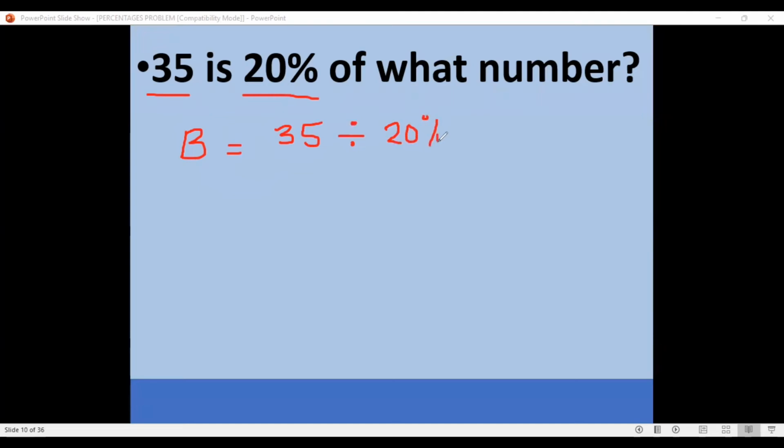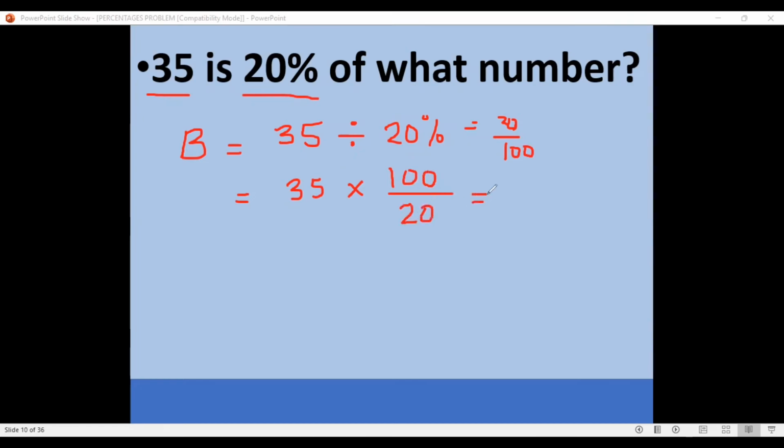Okay, and from there, what will we have? We will just have 35, and then we directly change this now to the operation of multiplication. And 20%, remember the 20% is 20 over 100. So getting the reciprocal of 20 over 100, that is now changed to 100 over 20.